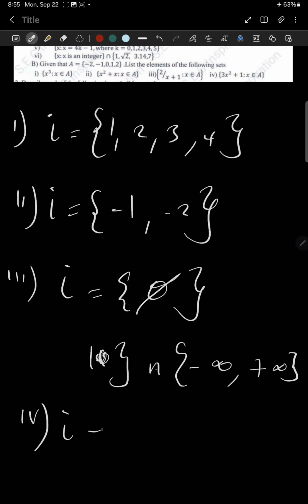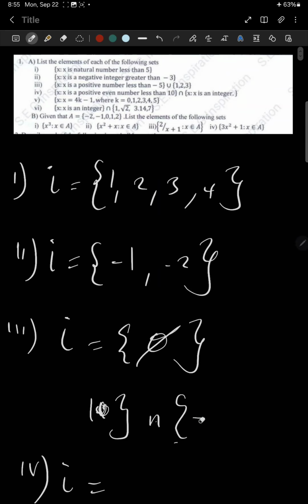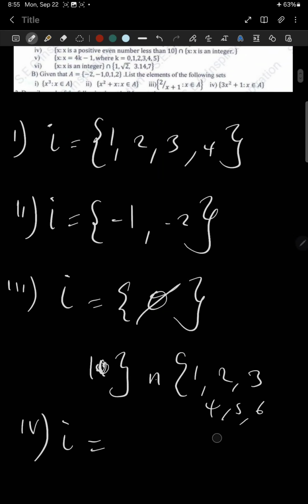The fourth one will be I is equal to, so let me first describe this as well. What does this mean? 10 intersection integers. Integers, we're looking at numbers from -infinity, but since here they're saying positive, I'll not consider the -infinity. I'll consider the positive side, like 1, 2, 3, 4, 5, 6, 7, 8, 9, 10, positive integers.